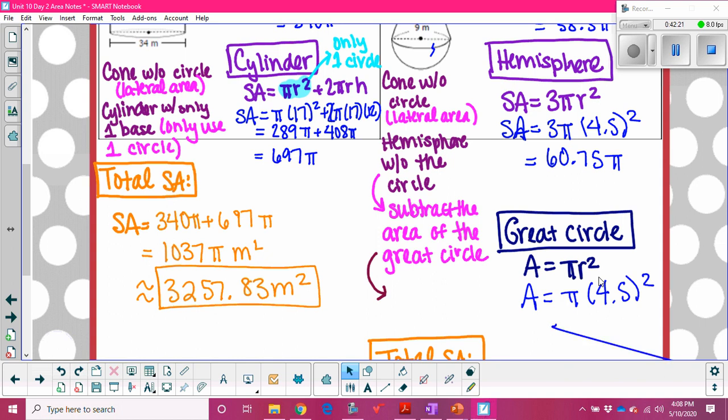So this is 20.25 pi. Now what we're going to do is take the surface area of the hemisphere, and because it's without the circle, the surface area needs to be without the circle because it's not showing on the outside. We're going to subtract the area of the great circle from this. So we're going to take 60.75 pi and subtract 20.25 pi.